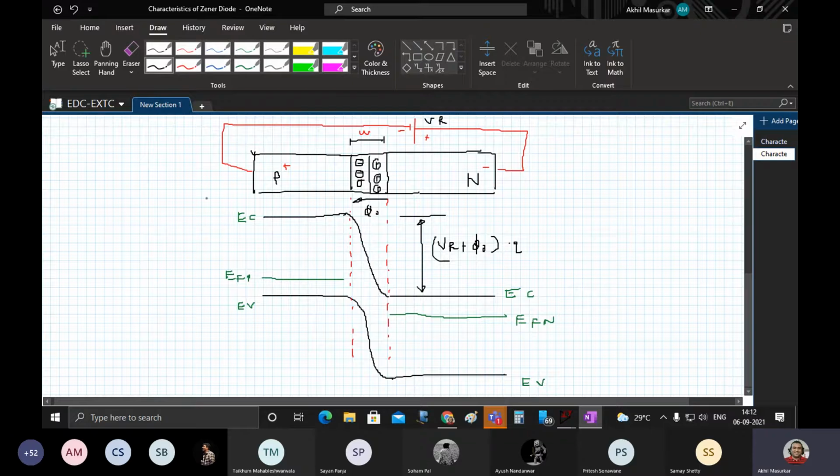But since doping is high, W is very small. Okay, if W is very small, then this barrier here is very small.